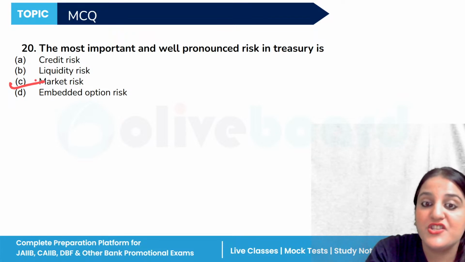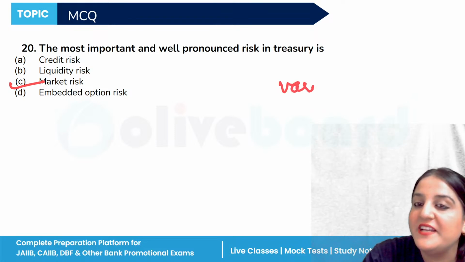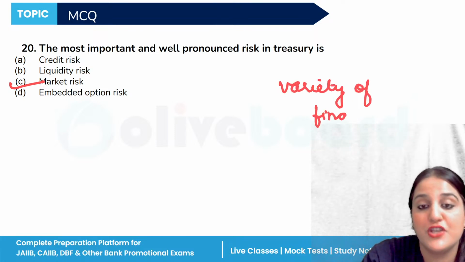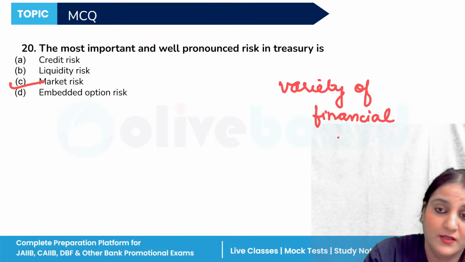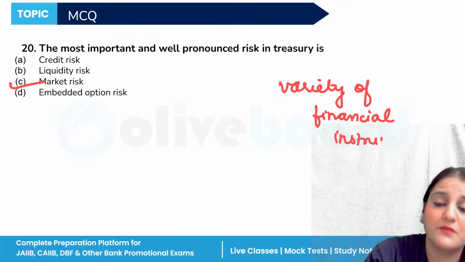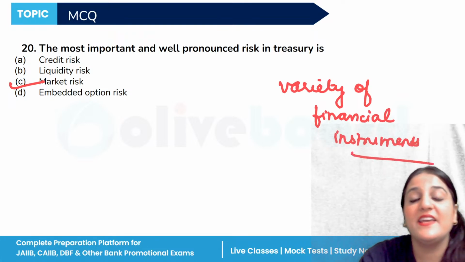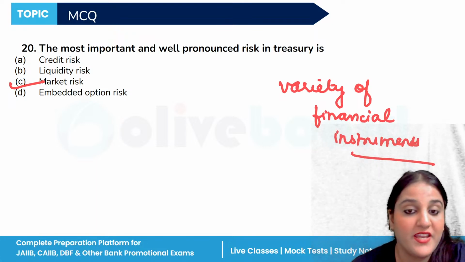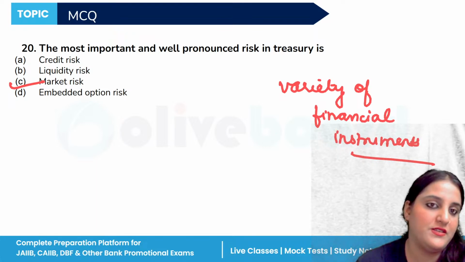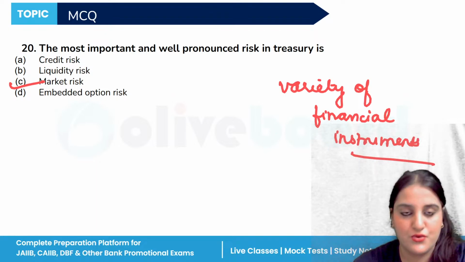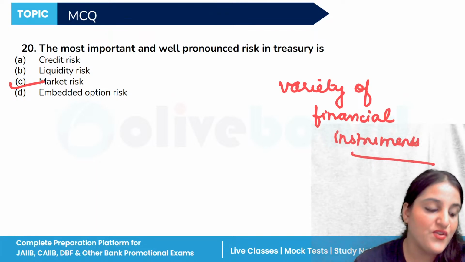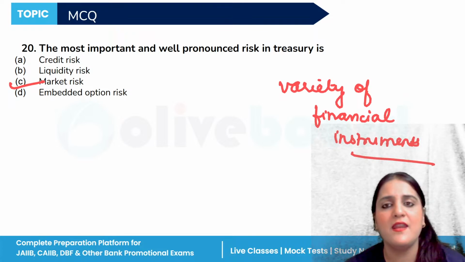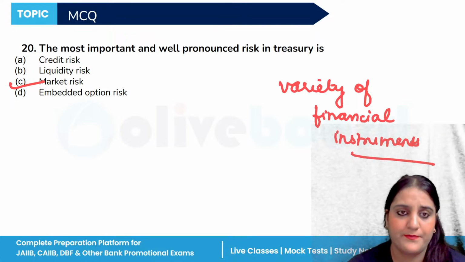And treasuries deal with a variety of financial instruments which include bonds, stocks, currencies and derivatives. Changes in the market condition can significantly impact the value of these instruments. So that's why in treasury, market risk is the most important and pronounced risk.